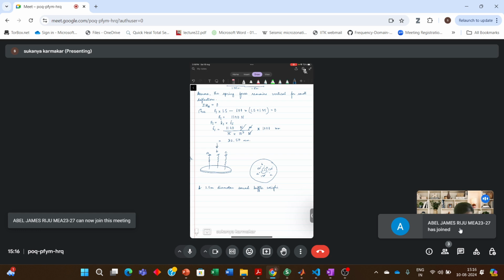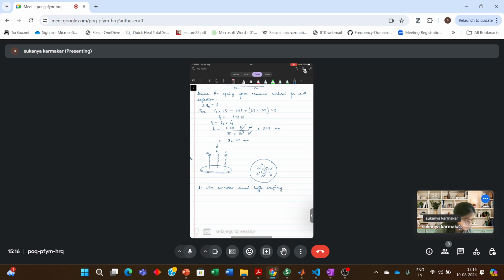Okay, so you have a 2.5 diameter sound baffle weighing 1.1 kilonewton, and it is hung from a ceiling with three springs.